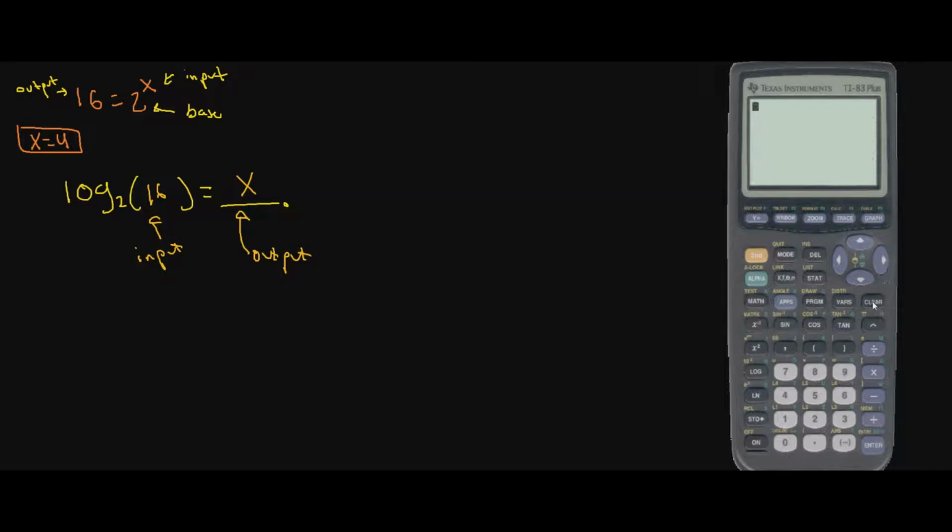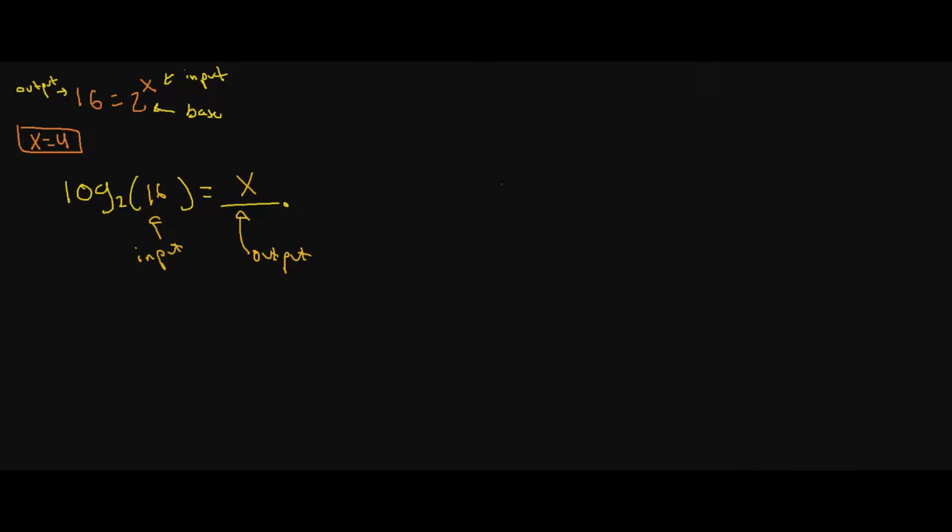Okay, well, there's a little trick. And the trick is called the change of base formula. In other words, this is what we can do. If we do x is equal to log of 16 divided by log of 2. This is just a little trick. This is actually called the change of base formula. I won't go too much in depth in this video about it, but pretty much if you do log of 16, log of your input, divided by log of base, you always have to keep it in this order.